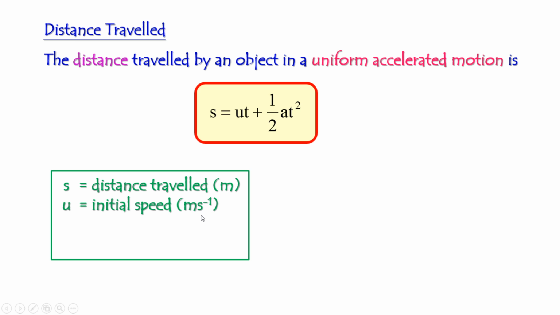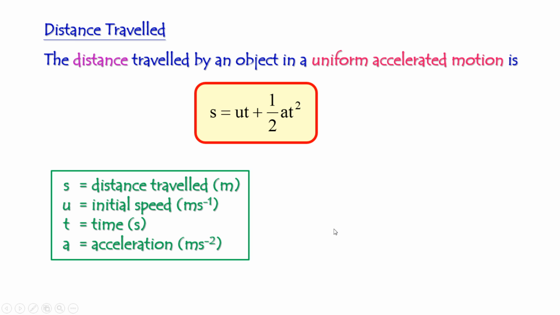The unit for the initial speed is meter per second, and T is simply the time, and the unit is second. A stands for the acceleration of the object, and the unit is meter per second square. This is our third equation that we learned in this chapter.